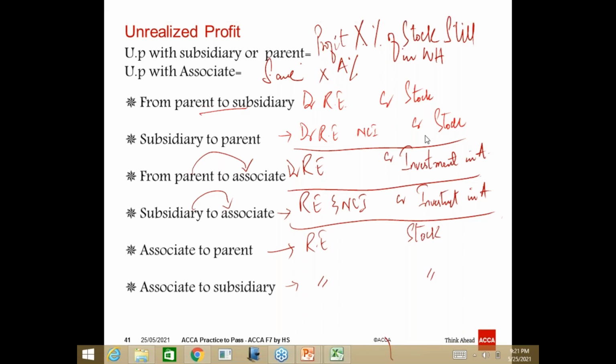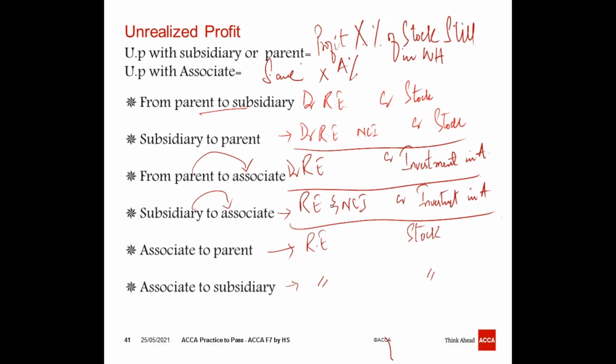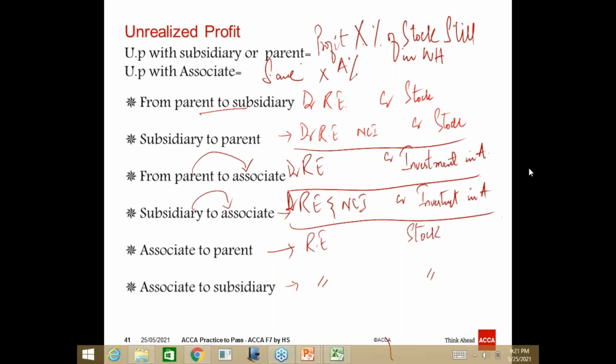Retained earnings and NCI. It's retained earnings and NCI. These two accounts should be debited with their respective percentage. Associate is considered outside the group. Why we are adjusting the unrealized profits? We are adjusting only for our share of interest in the associate.